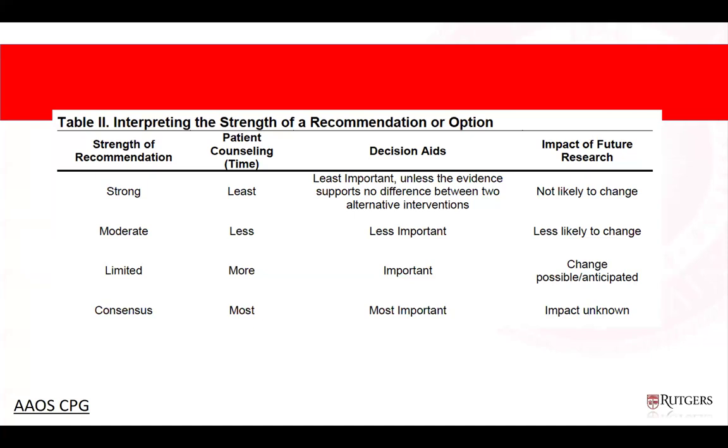And the impact of future research correlates inversely with that. A strong level of recommendation means that future research is unlikely to change that recommendation, whereas with something that's more of a consensus or a limited strength of recommendation, there's hope that there's more research down the pipeline that will strengthen those recommendations.